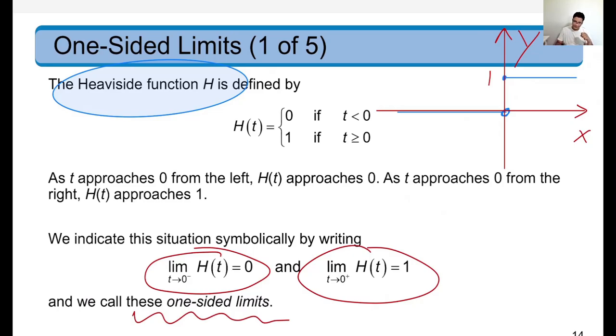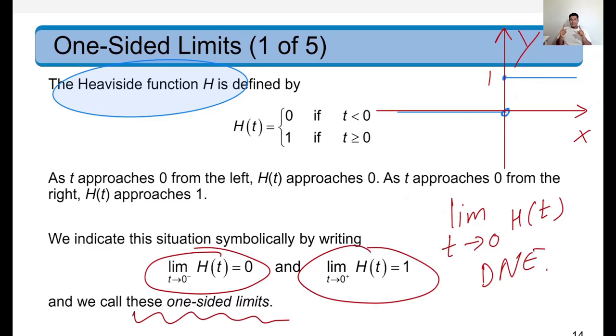What happened in this case is that the one-sided limits exist from both sides, but they are not equal. So I'll go ahead and mention the next conclusion from here. The limit as t approaches 0 of the function s of t does not exist.